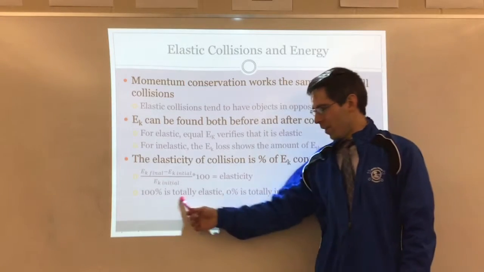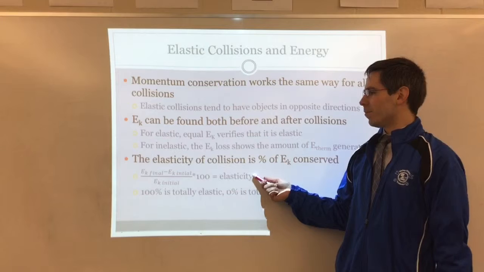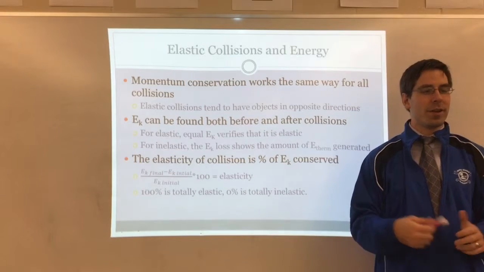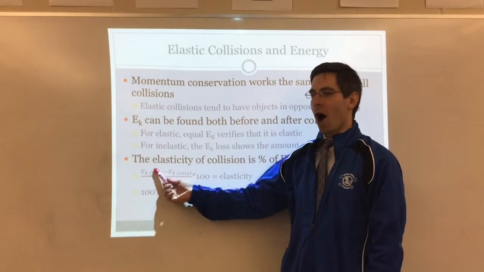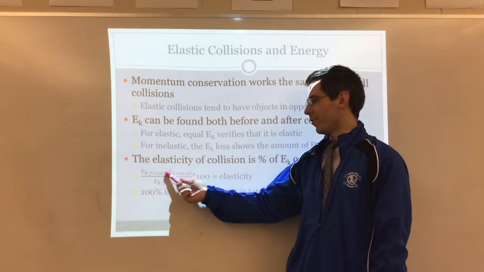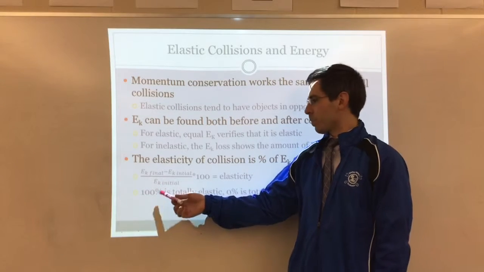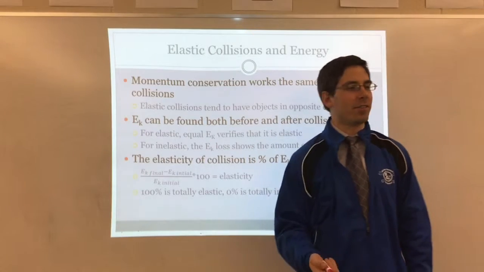But there's a lot of range in between, and this formula is beyond the scope. We're not going to actually calculate elasticity percentage, but if you take the amount of energy lost, that's this top part, your final minus your initial, and divide it by your initial total, then multiply by 100 to get a percentage, this will tell you the percent elasticity of a collision.